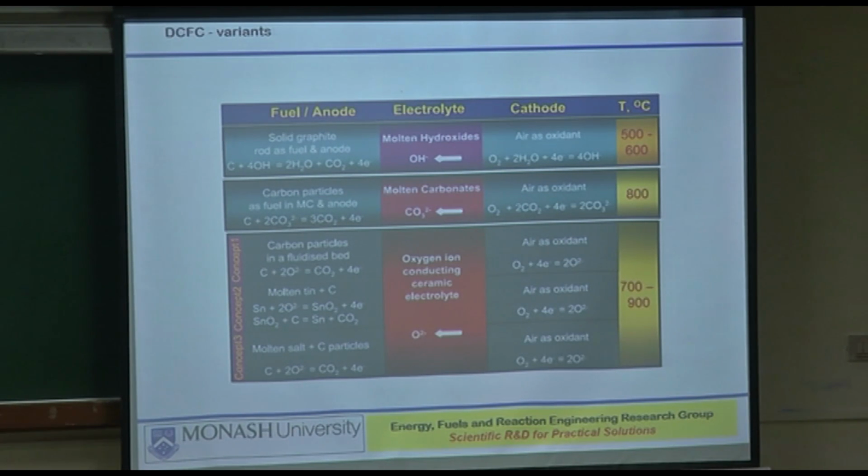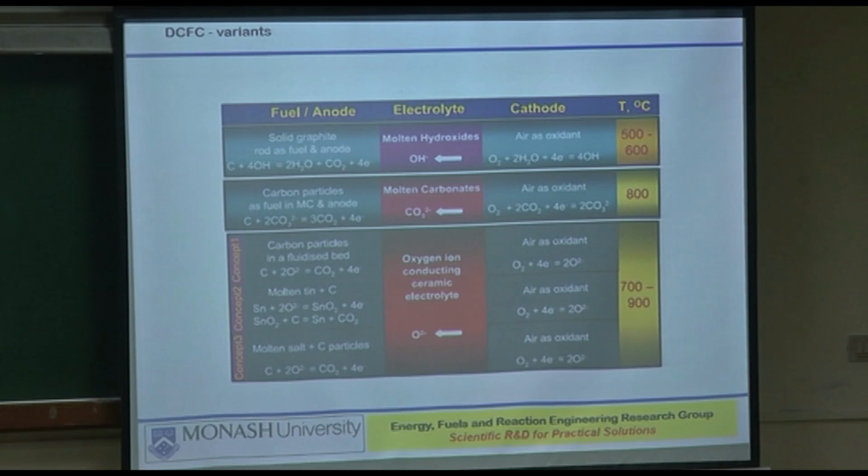Or in this case, the different concepts with different types of fuels and contacting mode. I will come to that. The electrolytes are all ceramic electrolyte because temperature is high, has to be high. Therefore you cannot afford to have an electrolyte which can degrade at low temperature.